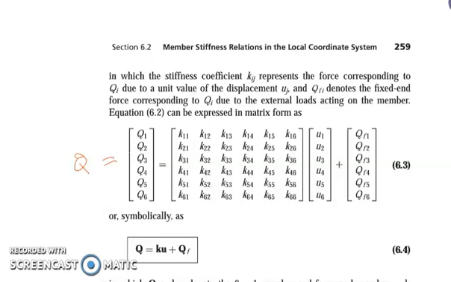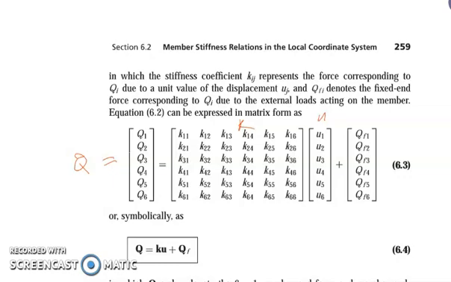So Q's of 1, Q's of 2, Q's of 3 at the beginning of the member, Q's of 4, Q's of 5, Q's of 6 at the end of the member. Equal that to our K multiplied to our U, member end displacement, then plus our member fixed end forces, Q's of F. So our U is member end displacement, there will be 6 for every member, and our Q's of F, there will be also 6 member fixed end forces.